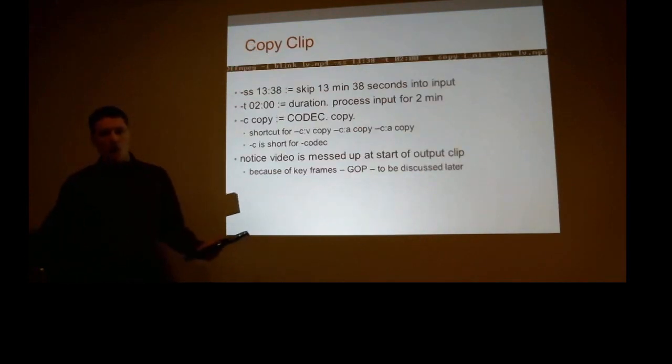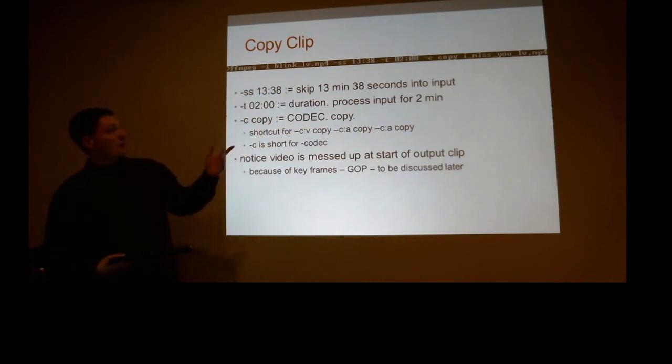So you may have a long video clip from which you want to extract a short clip. You can use this kind of command line syntax to get a short clip out of a long clip. In this case, I had a Blink-182 Las Vegas concert, and the song I Miss You starts at 13 minutes and 38 seconds into the concert and goes for 2 minutes, we'll say.